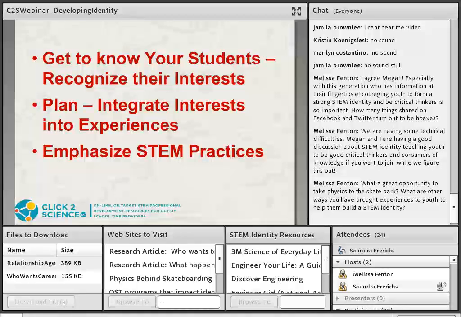Emphasize STEM practices and processes over STEM knowledge. Don't focus on the products that they're creating, but the processes they're using to create those. Dr. Skateboard notes that scientists and skateboarders have very similar processes. They both use experimentation, and their goal is to be able to produce results that are predictable and replicable.